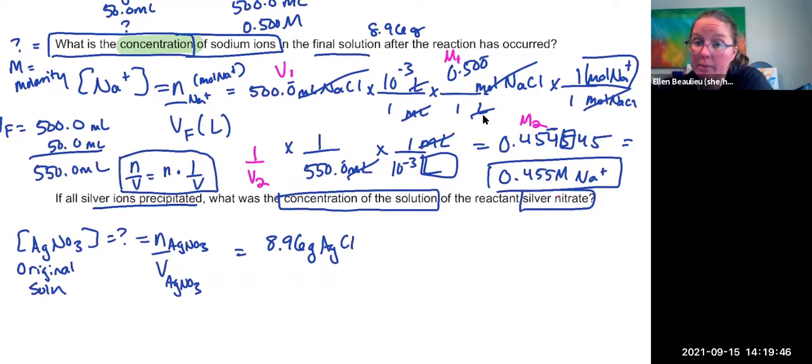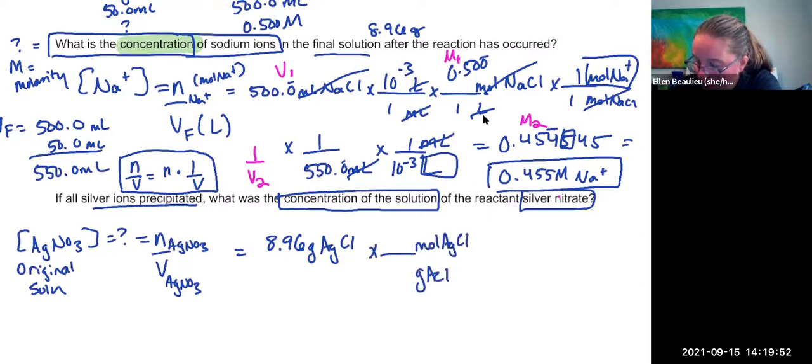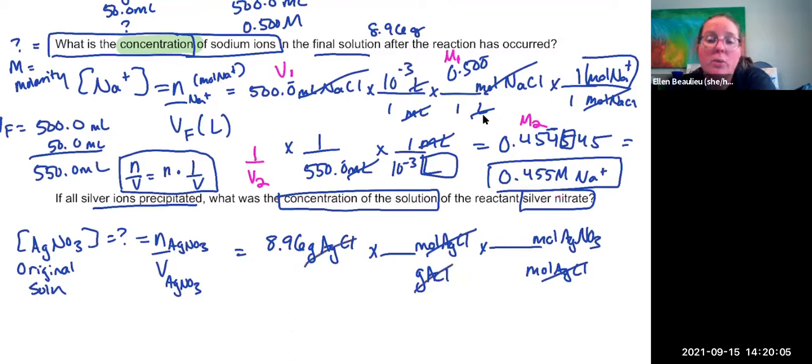How do we do that? We're going to get out of silver chloride and into moles of silver chloride because we want to relate that amount to moles of silver nitrate. The way we relate things is through that unit of the mole.